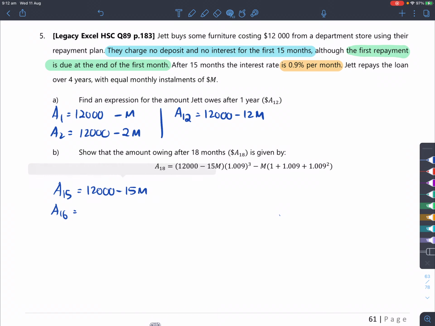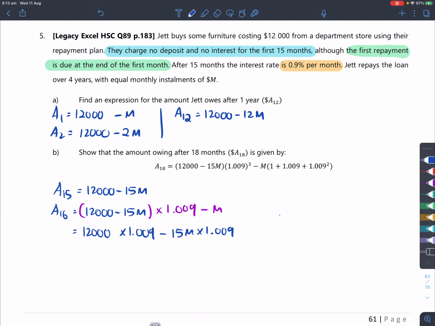So I'm going to copy down what A15 is, and interest is now applied, so I'll multiply by 1.009 as indicated by this interest rate. Then I'll subtract a repayment at the end of that month and expand. So by expanding, I will get 12,000 times 1.009 minus 15M times 1.009, subtracted by another M.